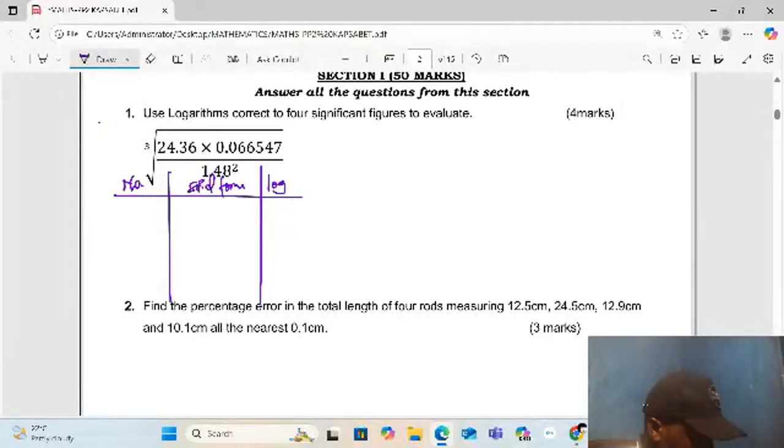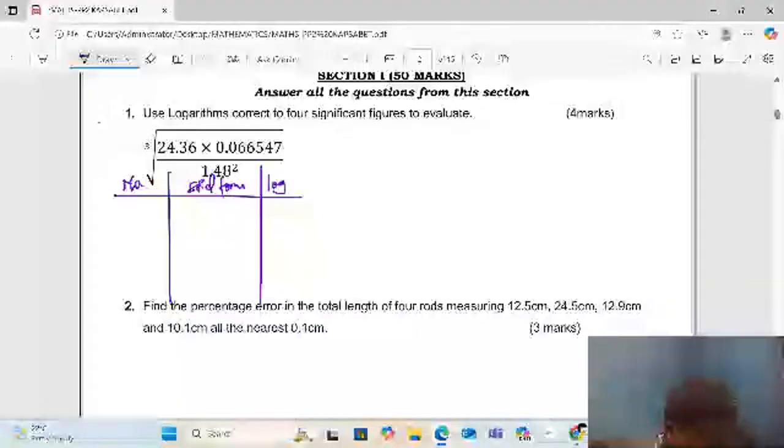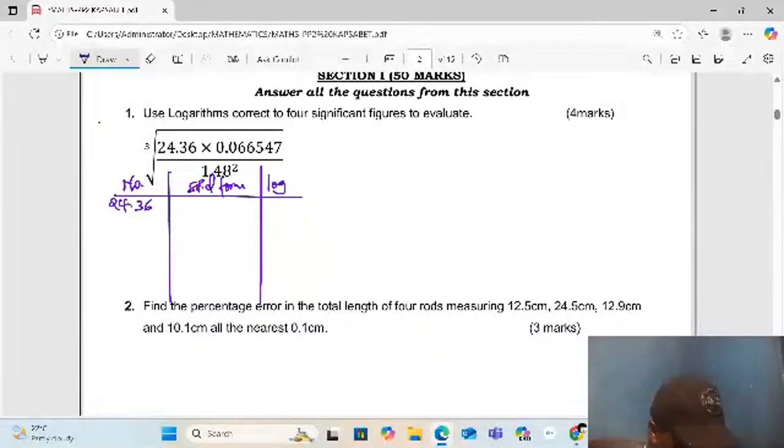Pattern. So the first number here, we have 24.36. With the 24.36, the standard form is 2.436 times 10 power 1.